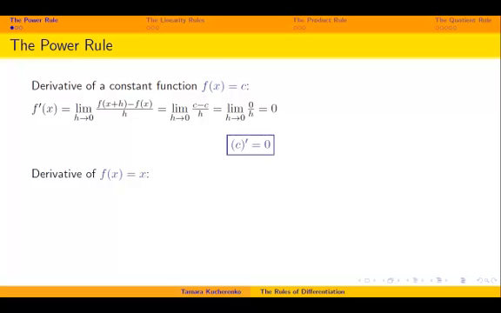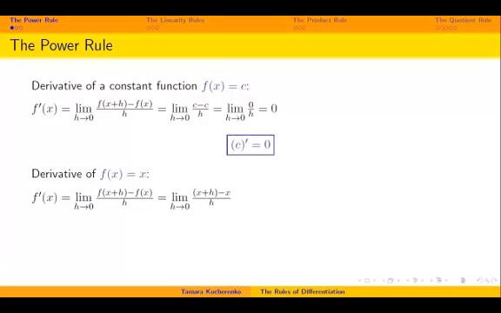Let's check it using the definition of the derivative. f prime of x is the limit as h approaches 0 of f of x plus h minus f of x over h. Since f of x equals x, we obtain the limit as h approaches 0 of x plus h minus x over h.